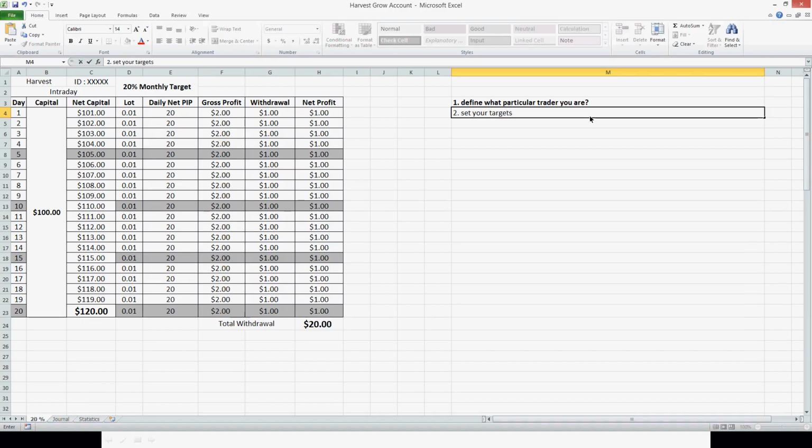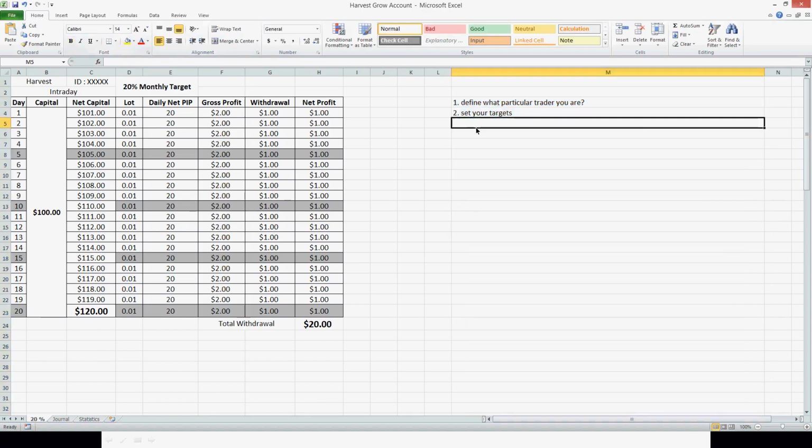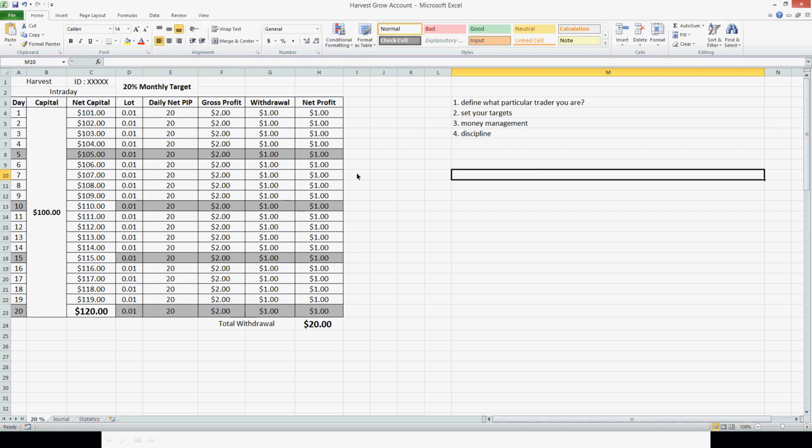Because if you're a scalper like me, I would usually go for 10 to 20 pips on a daily basis. This is just my plan on a daily basis. When you have already planned that out, the next thing you should do is your money management. This is all part of the money management. I write it down over here, and the last one is obviously this important aspect of it.